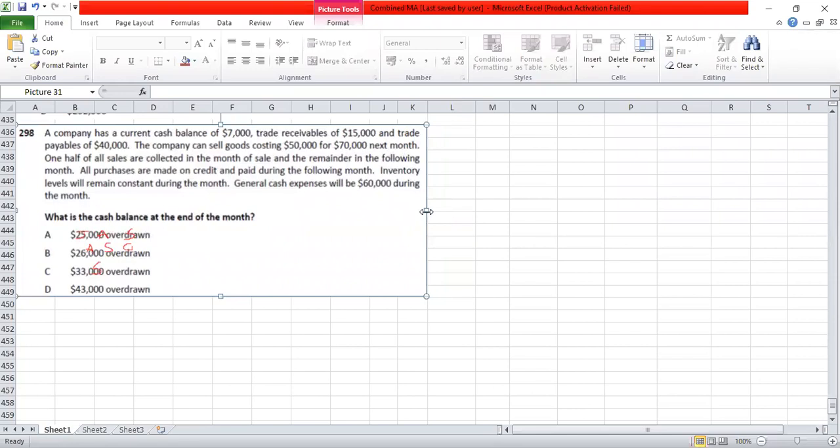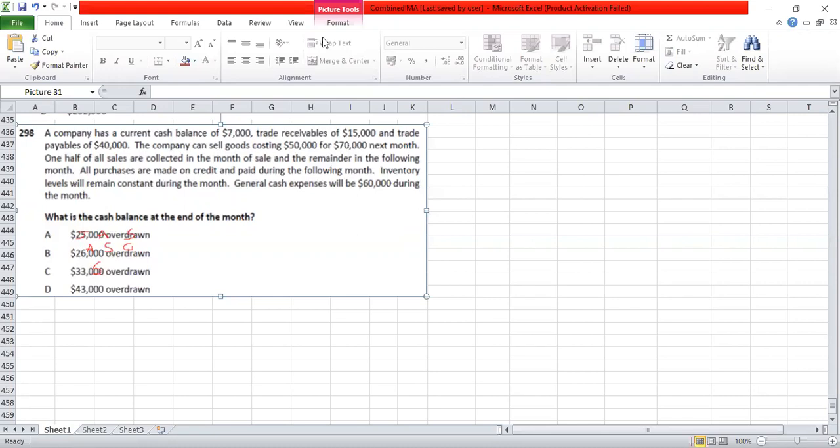One half of the sales are collected in the month of sales, and the remainder in the following month. All purchases are made on credit and paid during the following month. Inventory levels will remain constant during the month. General cash expenses will be 60,000 during the month. What is the cash balance at the end of the month?